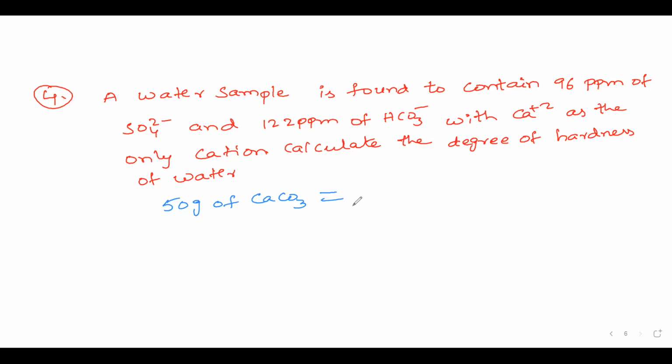Calcium is 40 and sulfur is 32, 72, plus 64. We take calcium sulfate because the first one they have given is calcium sulfate and the second one is calcium bicarbonate. CaSO4: 40 plus 32 is 72, 72 plus 64 is 136, the molecular weight. 136 divided by 2 is equal to 68.